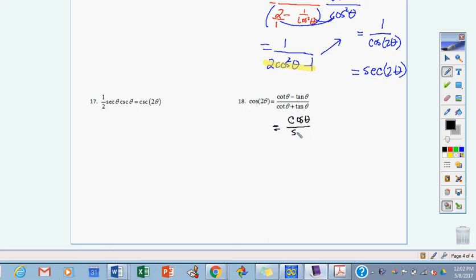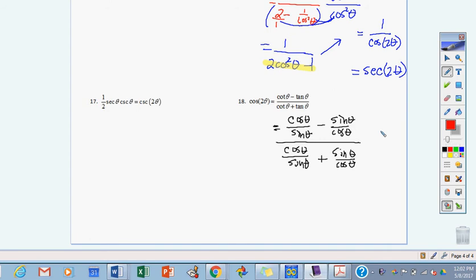So here I go. Cosine over sine minus sine theta over cosine theta divided by cosine theta over sine theta plus, man, this is really sloppy handwriting and I apologize. All right, so here we are, common theme.